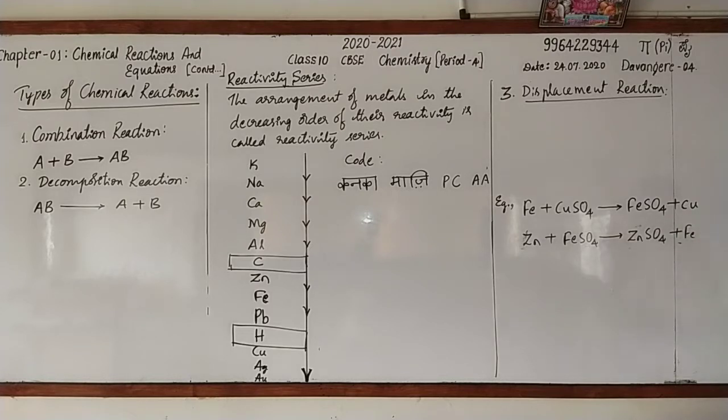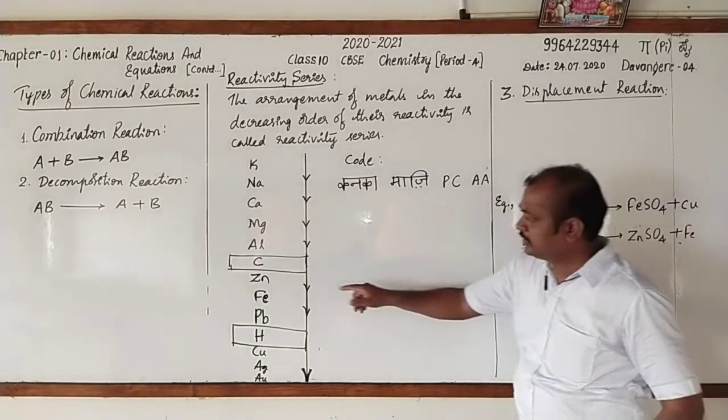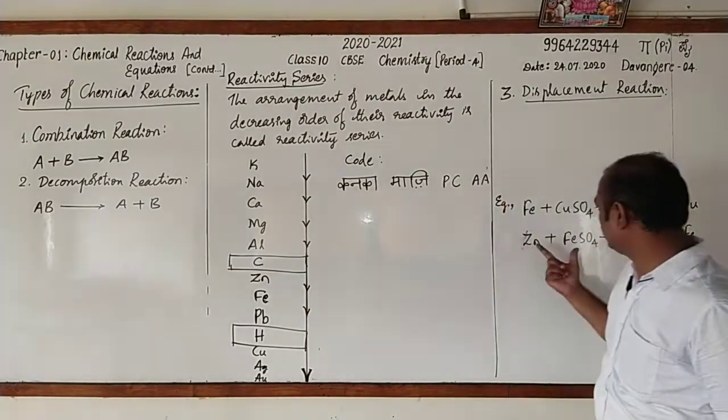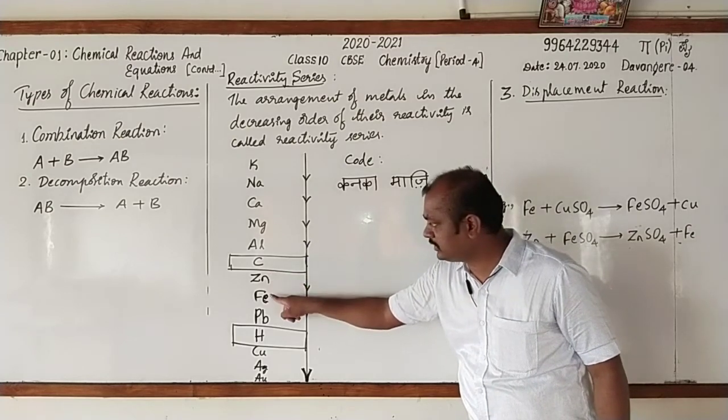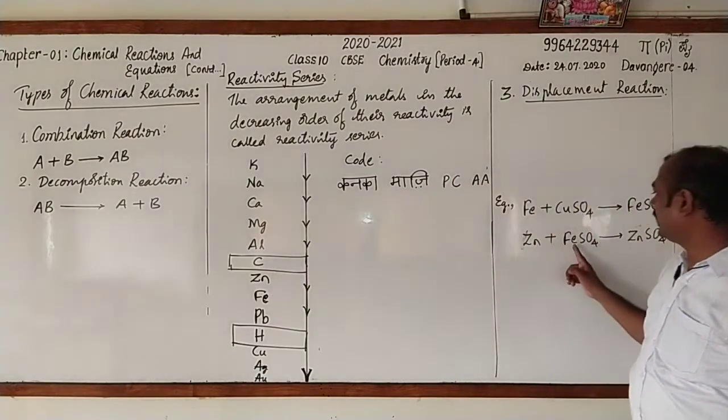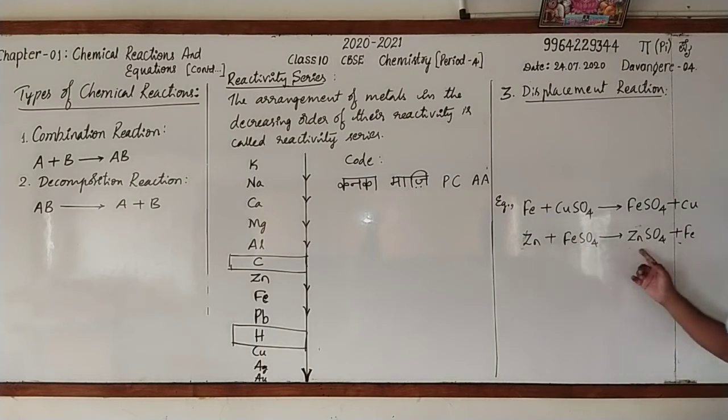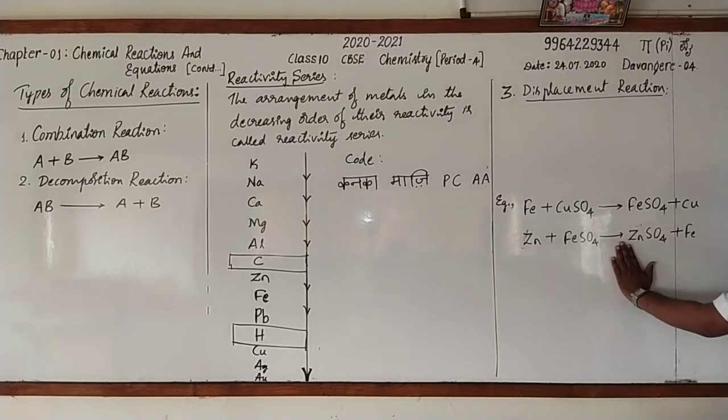Can we write so? Observe here. Here zinc and iron are there. Which is more reactive? Zinc. So zinc can displace iron from iron sulfate. Therefore, we can write it as zinc sulfate plus Fe. It is also an example for displacement reaction.